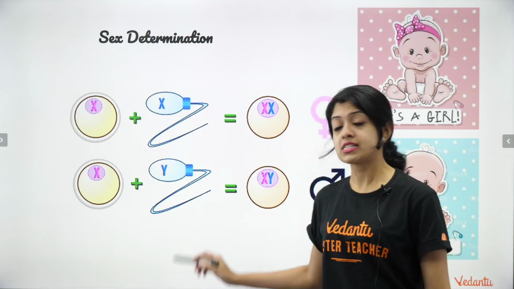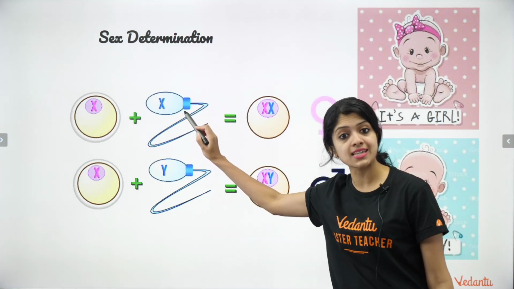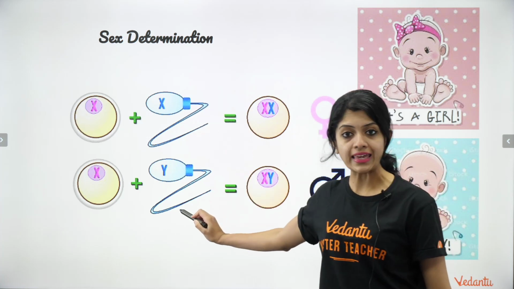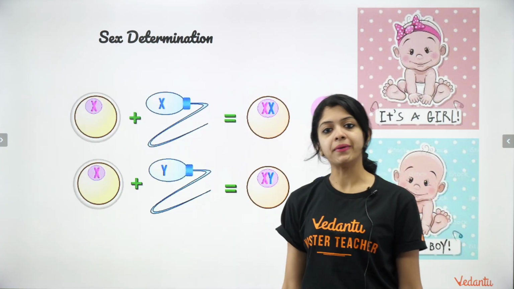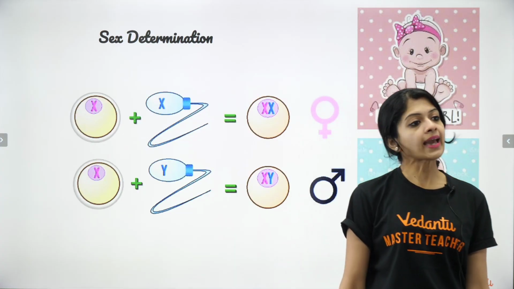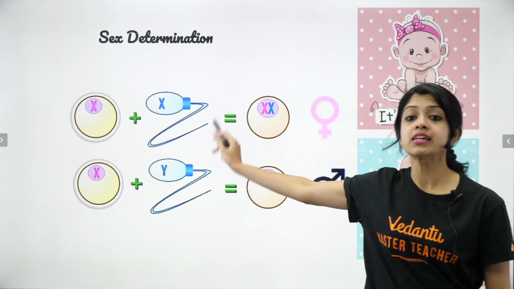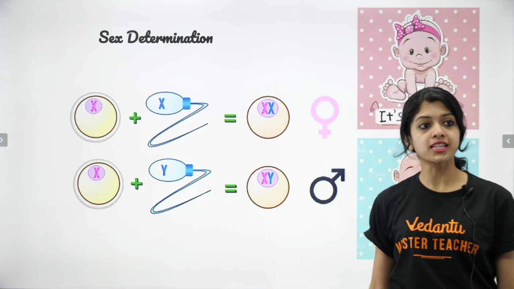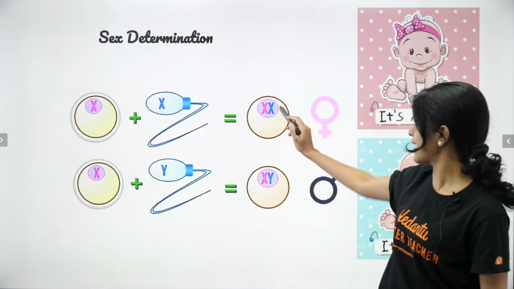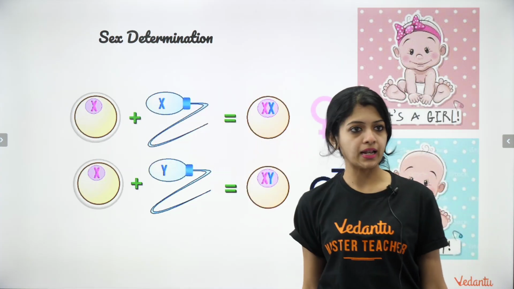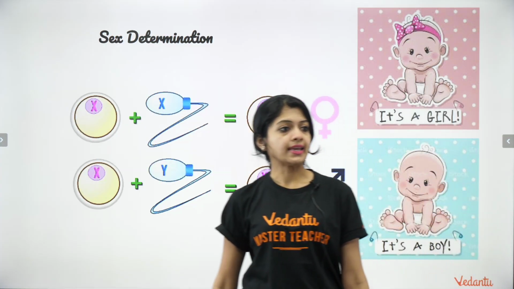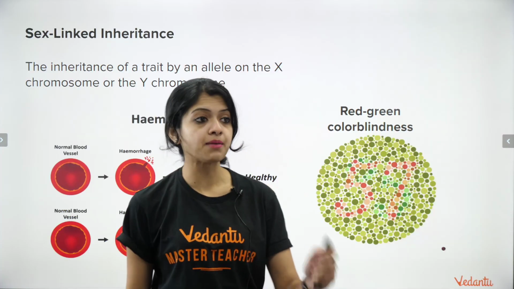Depending on whether an X carrying sperm or a Y carrying sperm fertilizes it, the result is determined. If a Y carrying sperm fertilizes the egg, it becomes a male baby, and if an X carrying sperm fertilizes it, it becomes a female baby. Children, this is an extremely important concept.